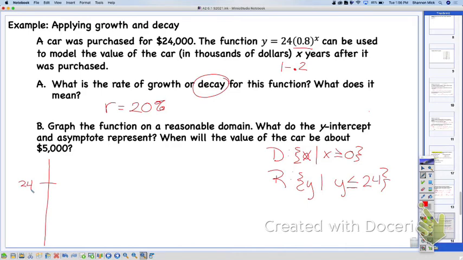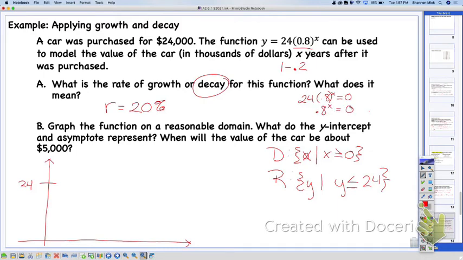Could I just figure out when it's worth 0? So if I set this equal to 0, it'd be 24 times 0.8 to the x equals 0, right? I divide by 24 and get 0.8 to the x equals 0.